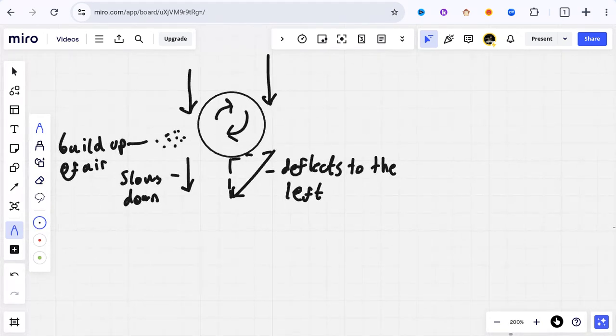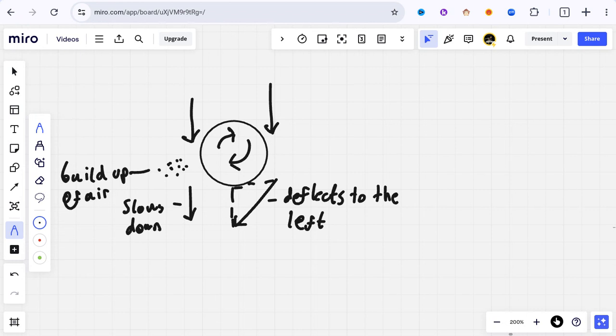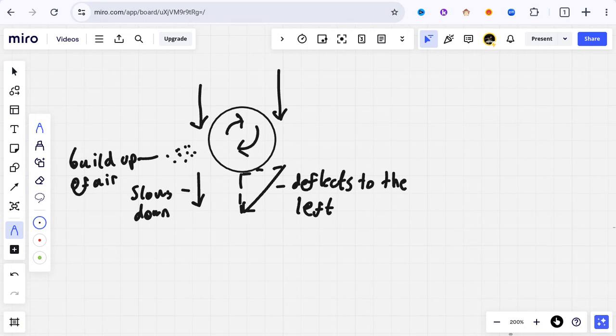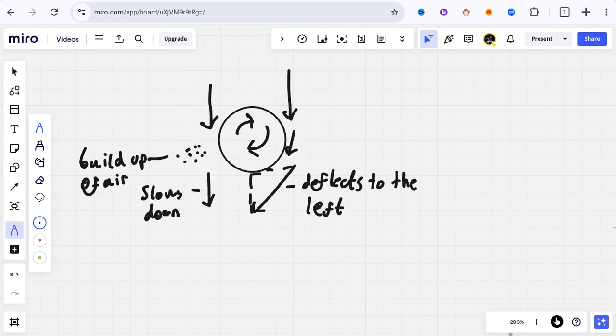So when the ball is moving forwards and is being hit by this incoming air, the air on the right side of the ball gets rotated alongside the ball, so it gets moved due to the rotation of the ball. As you can see here, the arrow will be deflected towards the left.